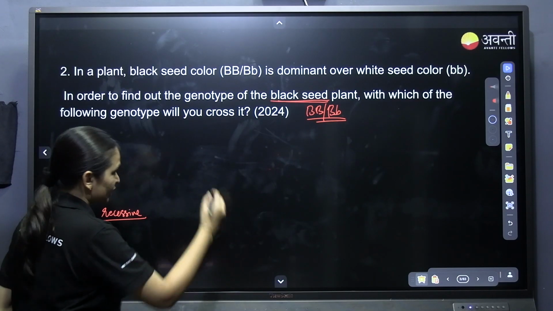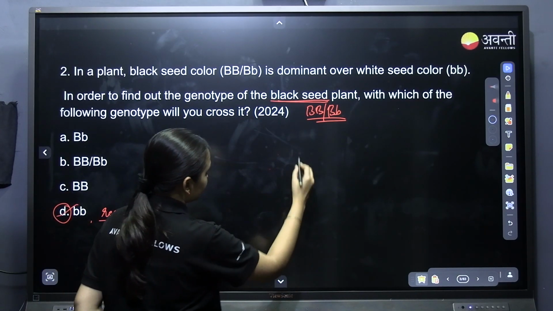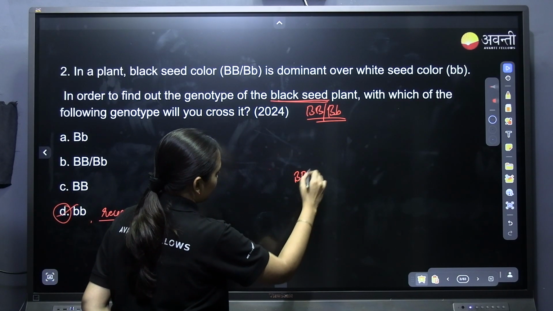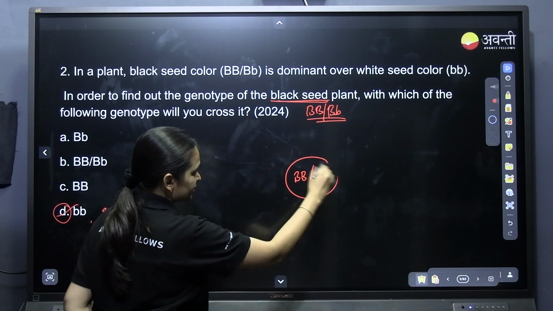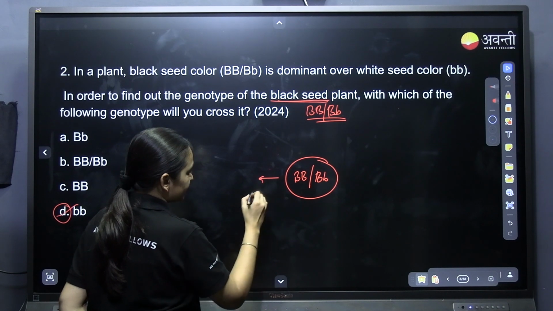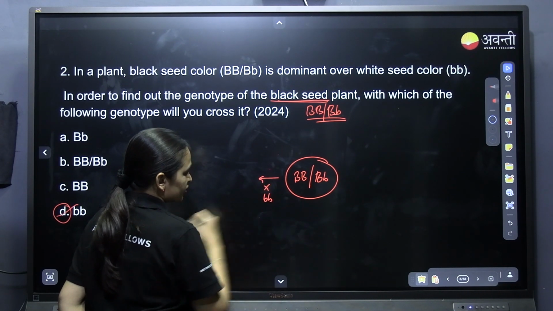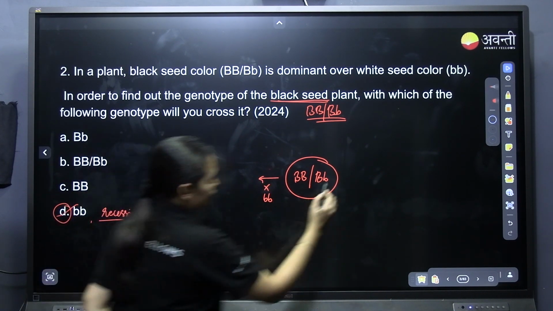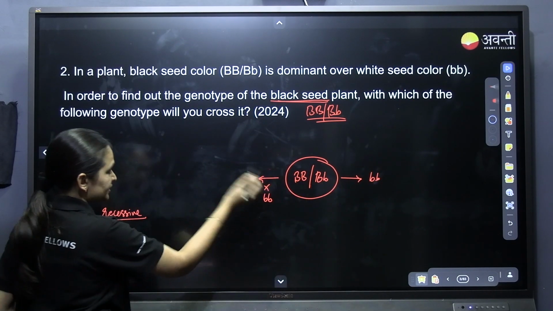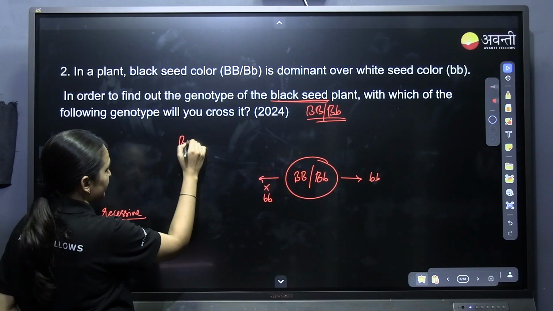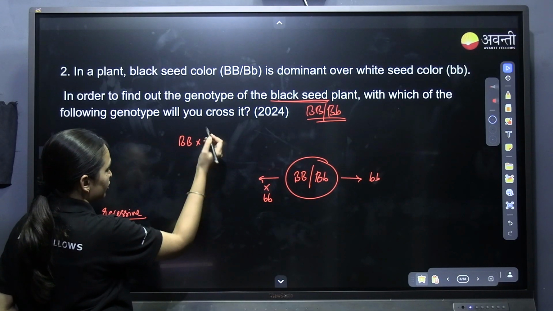When you test cross it, we don't know whether capital B capital B or capital B small b. In order to find this genotype, we need to cross it with the small b. Here also cross it with the small b. What is the cross here? You just tell me.